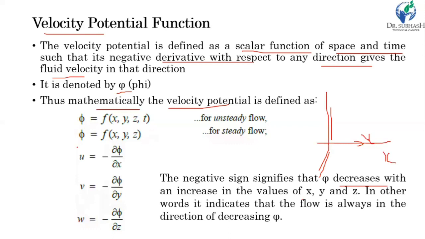So let's think here, as you move in the direction of x, the value of x will increase, but at the same time the component of velocity in the x direction will decrease in magnitude. In other words, it indicates that the flow is always in the direction of decreasing phi. So flow always occurs in the direction where the value of phi decreases.